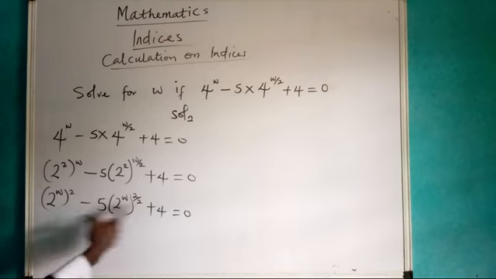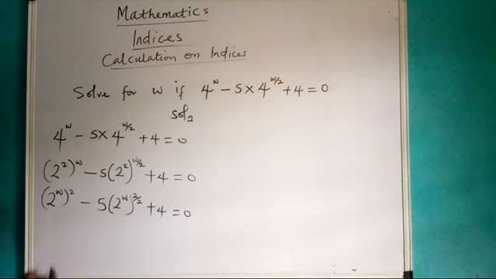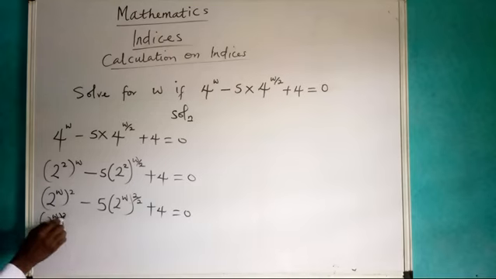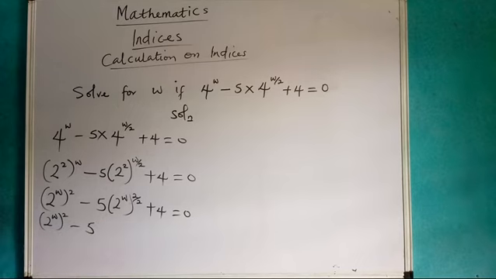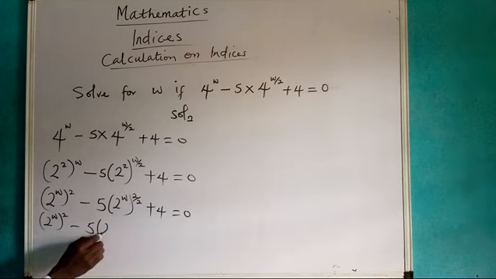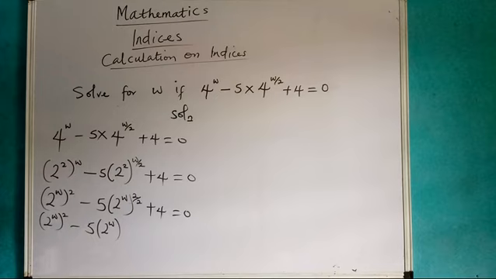Okay, let me just resolve this one. I need to finish this very one. Therefore, I'm going to have here, 2 can divide 2, it becomes 1. Therefore, what I have left there is going to be 2 power W, minus 5, and we have a bracket.